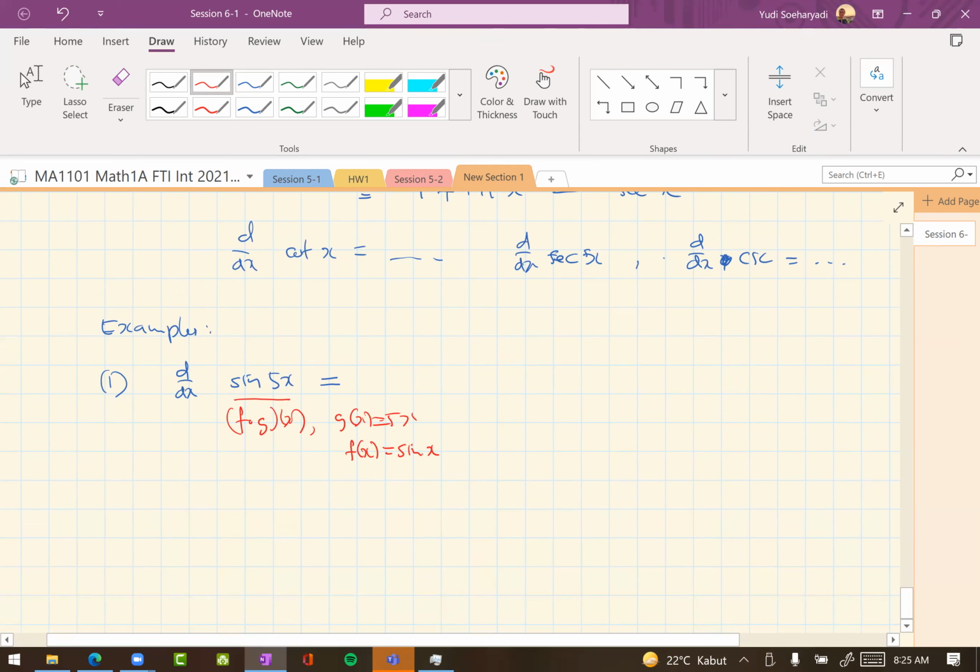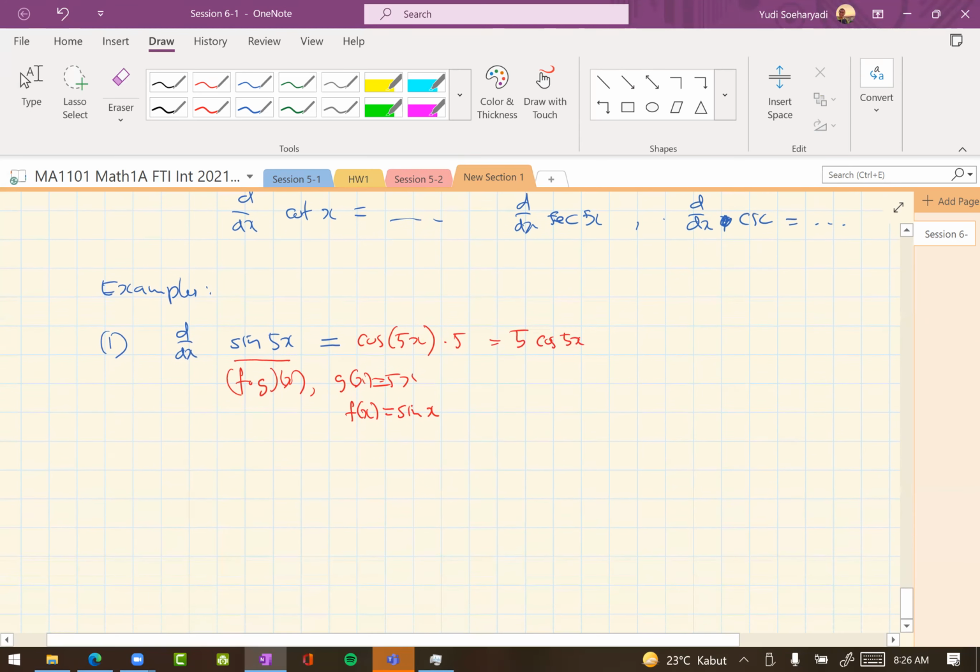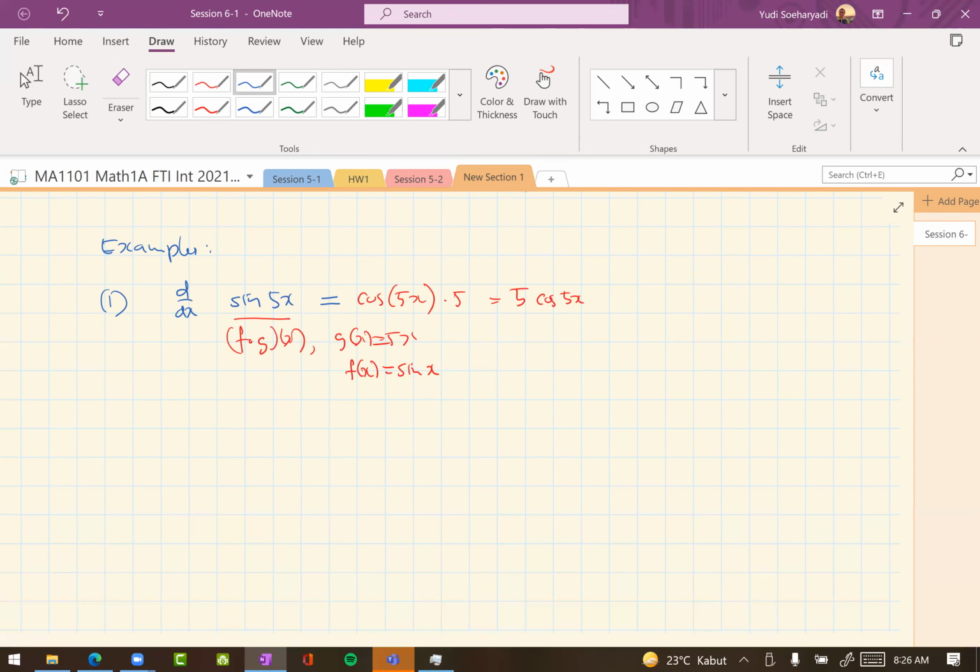Derivative of f, sine becomes cosine, but computed at 5x. Okay, then you multiply by the derivative of 5x. This is 5. So this is what you get. Okay, and that's second.